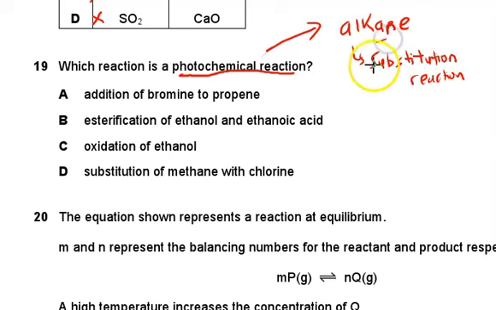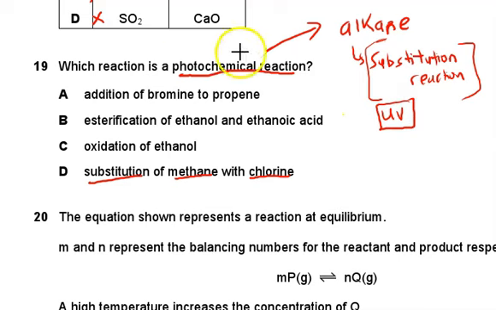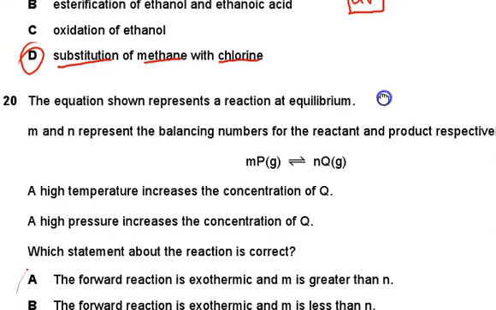Okay, substitution reaction. Example as this: substitution of methane with chlorine. Because the condition for this reaction to occur, you need to have UV light, which comes from photochemical reaction. Alright, so your answer here will be D for 19. Okay, now let us look at number 20.